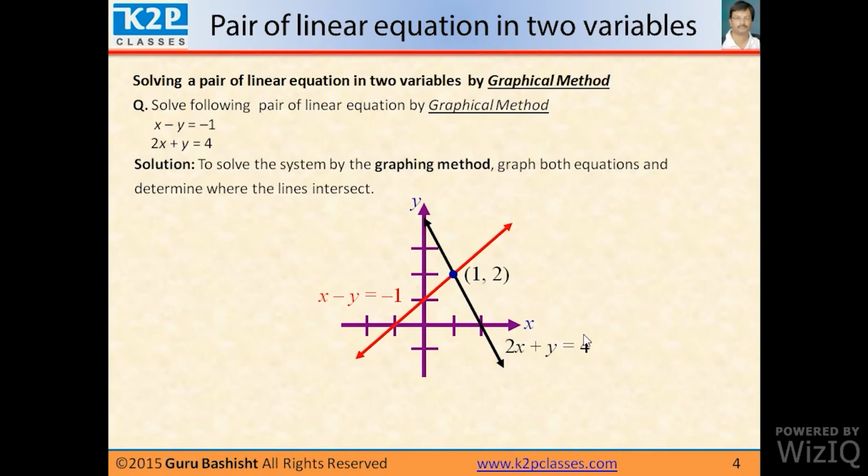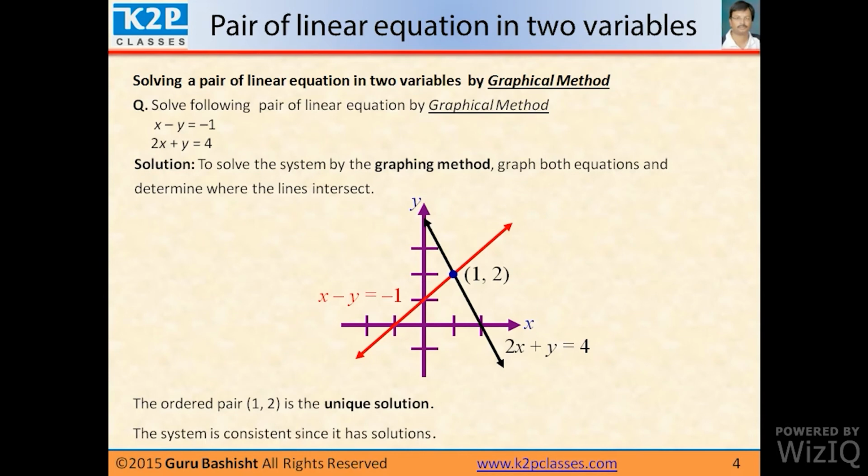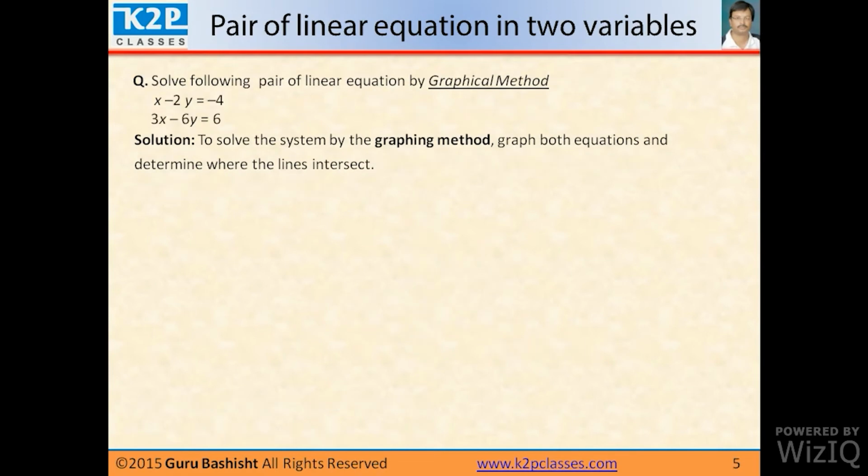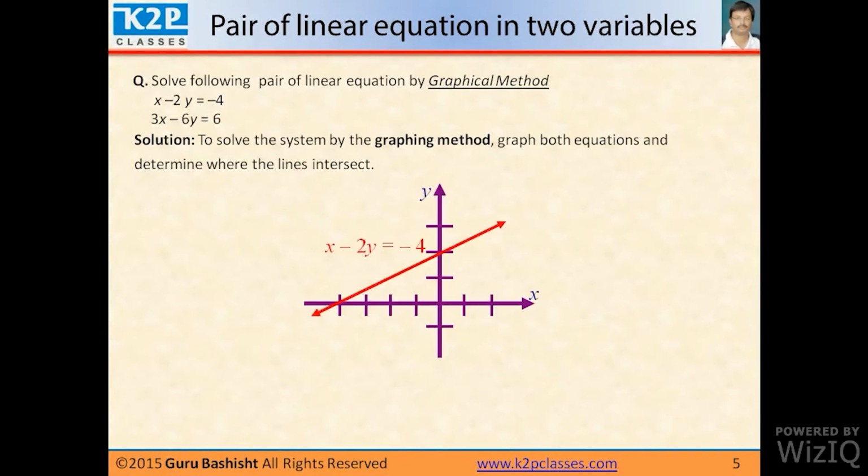Solve the following pair of linear equations by graphical method: x minus 2y equal to minus 4 and 3x minus 6y equal to 6. If we draw the lines, the first line is x minus 2y equal to minus 4. The second line, the black line, corresponds to 3x minus 6y equal to 6. You see that both lines are parallel and they will not cut each other, or in other words, they will cut each other at infinity.